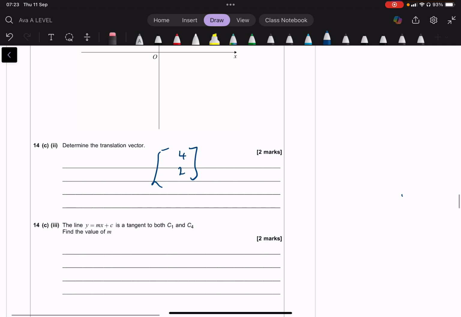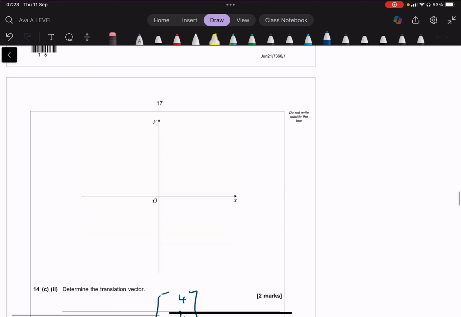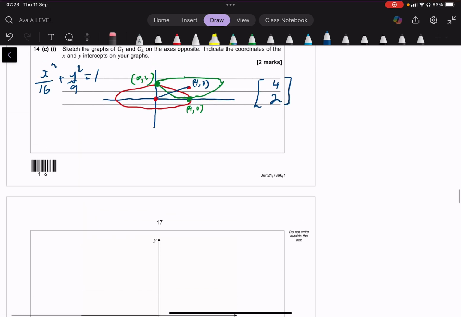Now it says the line y equals mx plus c is a tangent to both C1 and C4. Find the value of m. And then notice it's only 2 marks, so this is not the calculus question. Just go back to this diagram here. Then it's going to be that tangent there, so that's going to be y is equal to mx plus c.